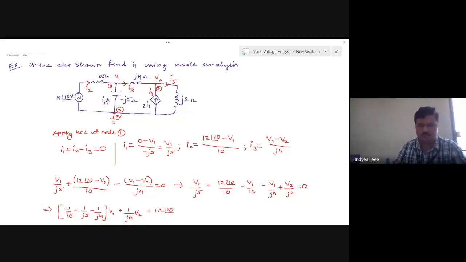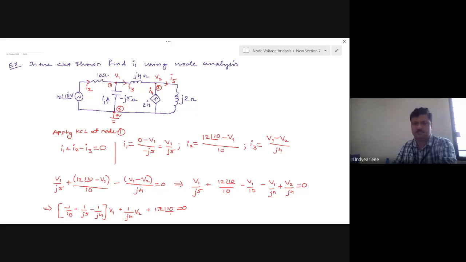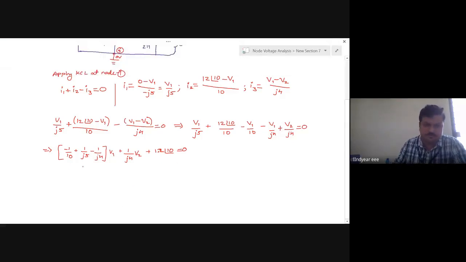Am I audible? Yes, sir. Is equal to 0. So V1 term will be minus 0.1 minus J0.2 plus J0.25. 1 by J is minus J. Okay, I can take 1 by J equal to minus J. If I take J to the numerator, it becomes minus J. Is it? Okay. So minus 0.2J plus 0.25J.